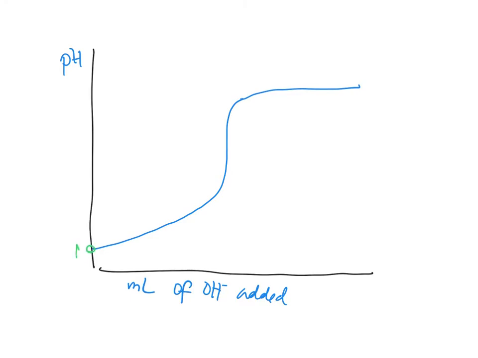There's one point here which we'll label A. There's a region here which we'll call B. There's that equivalence point, C, and then another region, D. So points at A and C, regions at B and D. Point A is simply the weak acid all by itself.